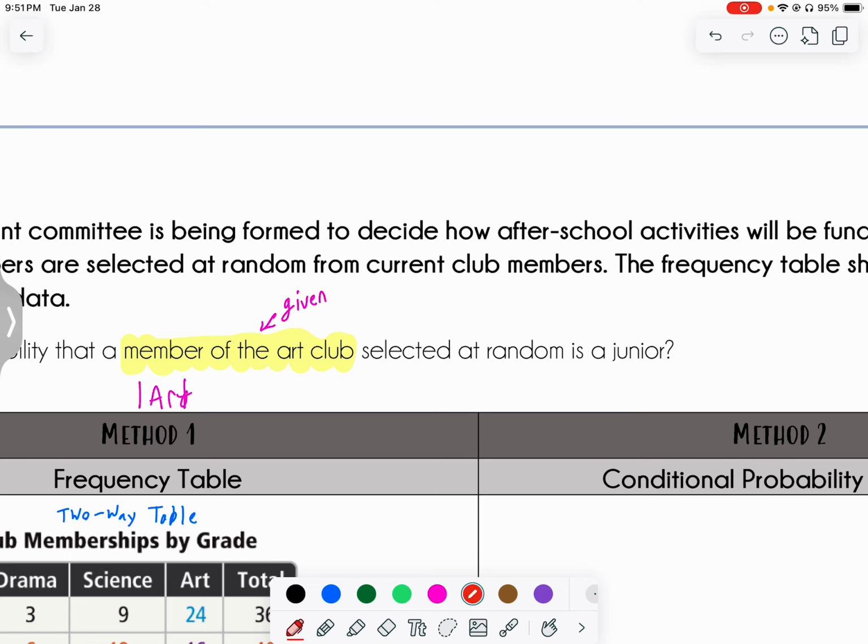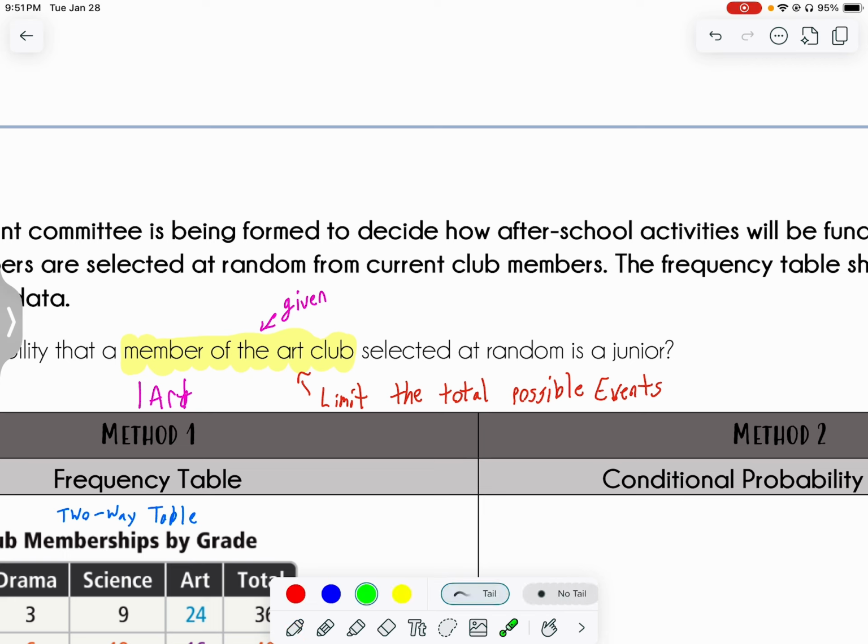And there's one special thing about them being an art. You know how basic probability is out of our total possible choices? What this does is limit the total possible choices for possible events. I know that the total possible events are less because I know that there's a given situation.